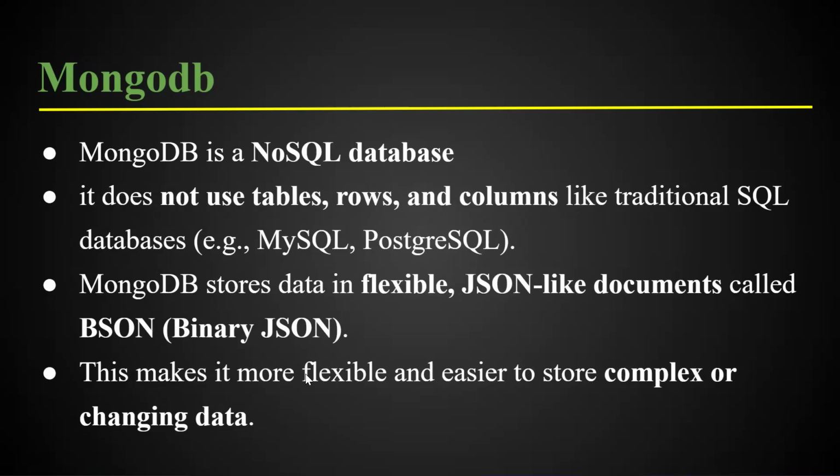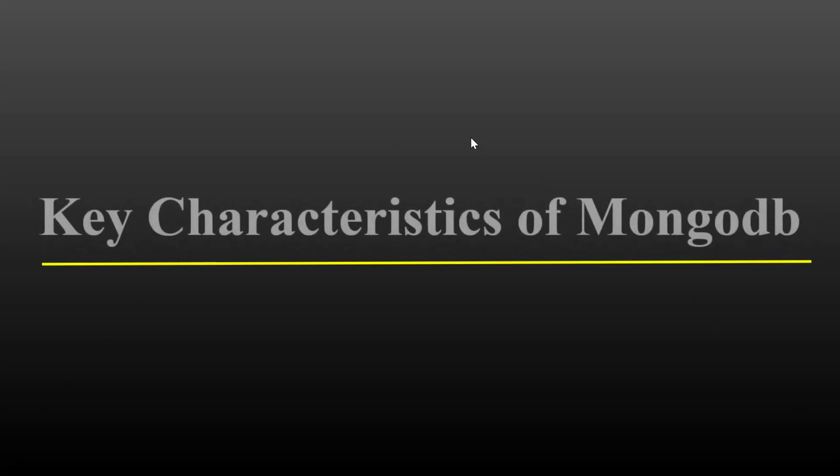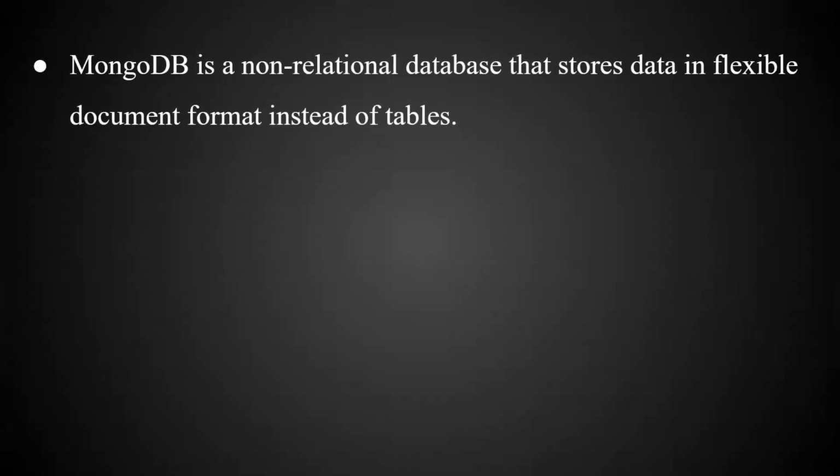Now let's understand key characteristics of MongoDB database. MongoDB is a non-relational database. As we discussed, MongoDB comes under NoSQL database. NoSQL is nothing but a non-relational database that stores data in flexible document format instead of tables.